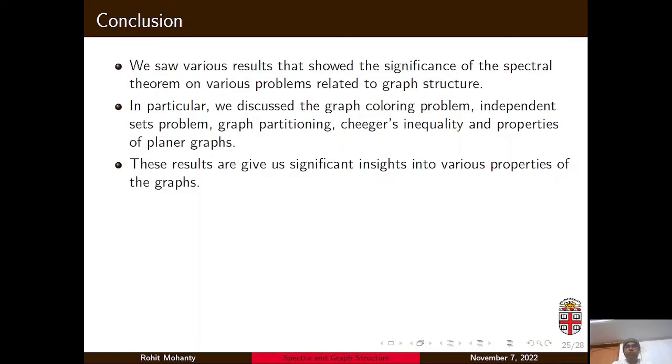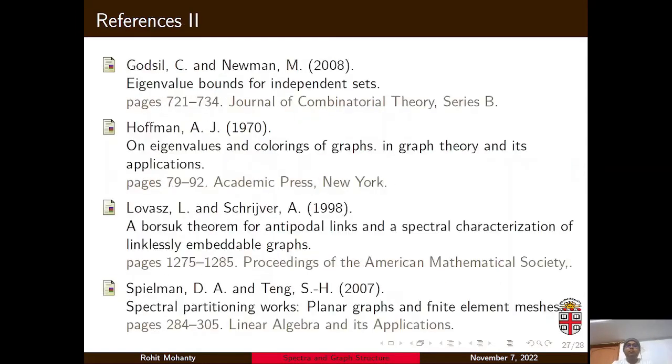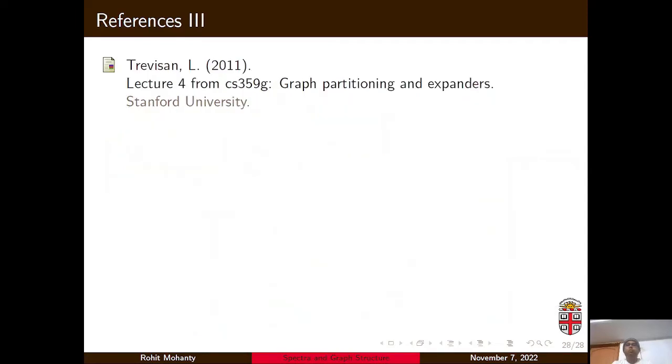We also saw some neat properties of planar graphs related to spectral graph theory. These results gave us really significant insights into various properties of graphs and are really important in this field. Now I pass the floor to my teammate Sudatta, who will be talking about error correcting codes and expander graphs. Thank you for your time.